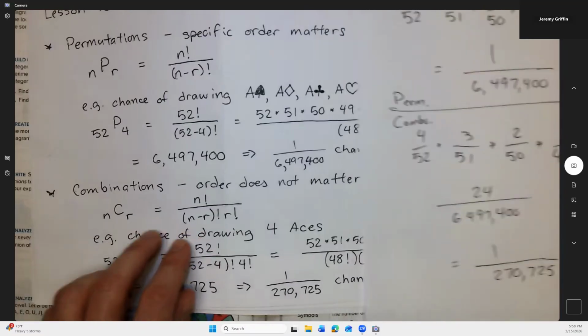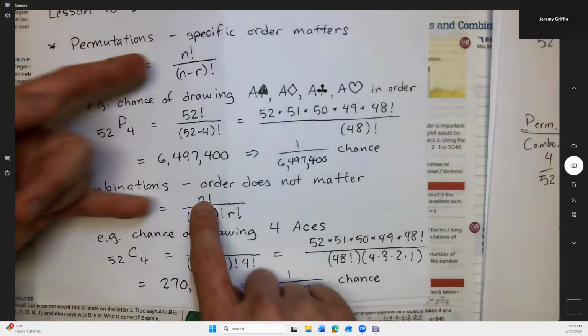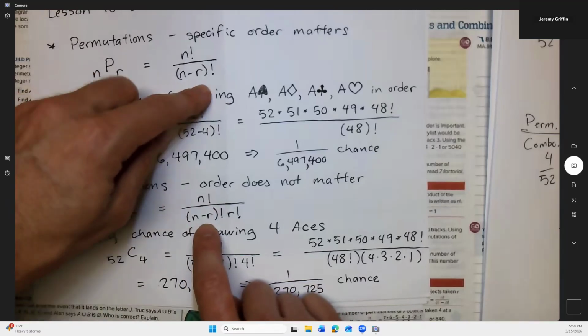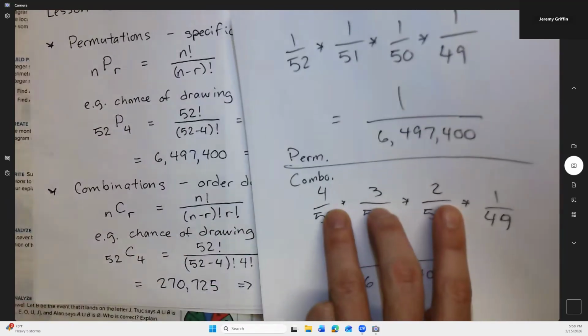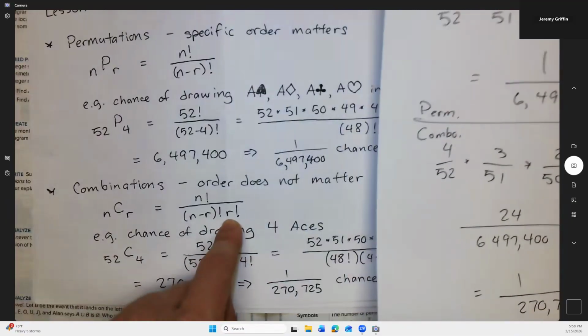Well, the expression for this looks fairly similar. You do n factorial, and in this case n stands for the 52 cards in the deck, over n minus r factorial, just like before. But now r factorial takes the place of this right here. It's 4 times 3 times 2, to display that I don't really care about the order of the cards.